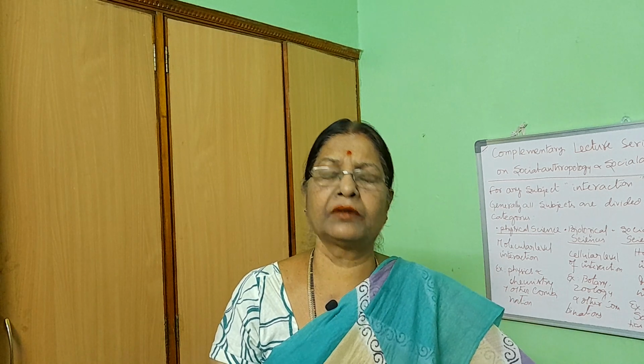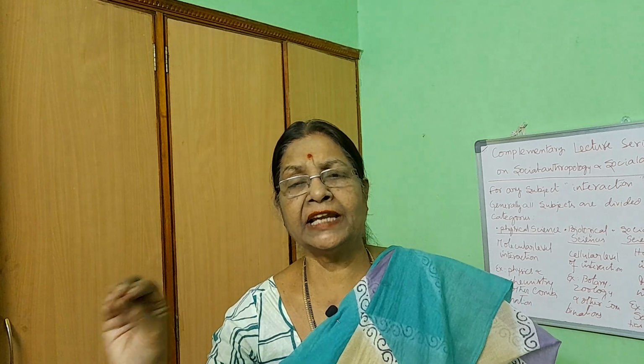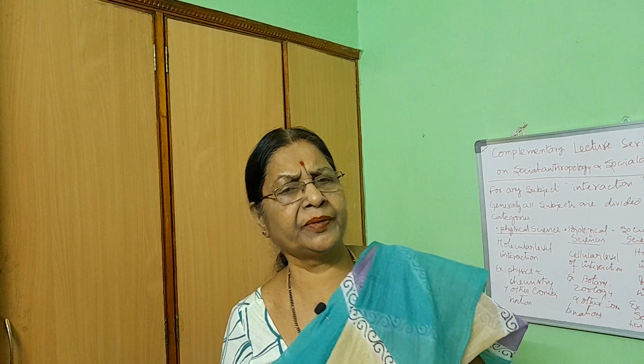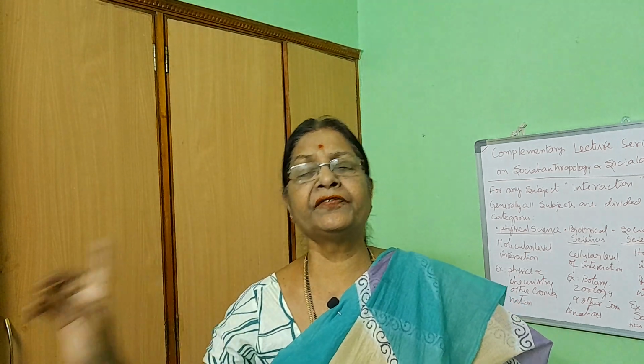Based on the preparation of the food material, how many ingredients are required? For dal, normal dal, 4. For the biryani, 10. Like that, ingredients are necessary. First is to set the goal, preparation of food, and how many elements are required? After getting the elements, shall we prepare the food? No. Third one is a systematic order, scientific order. We will put the elements. When we are putting the elements, simply sitting the elements, can we get any output?